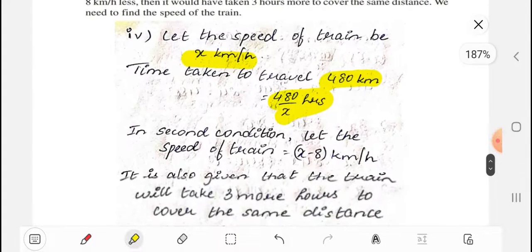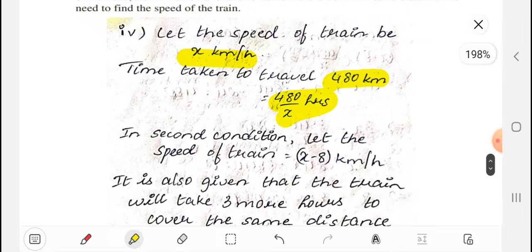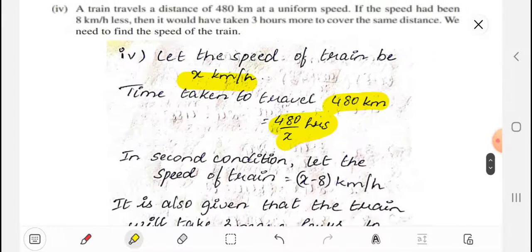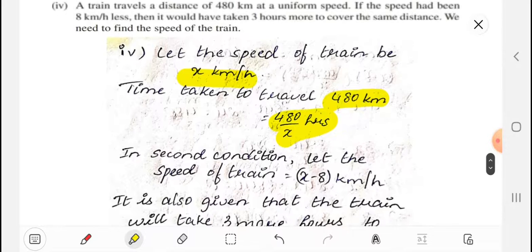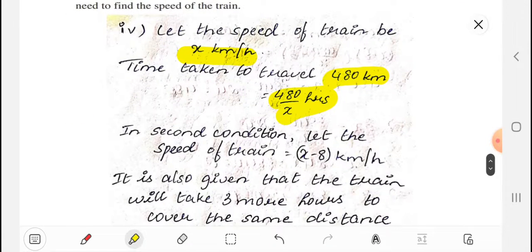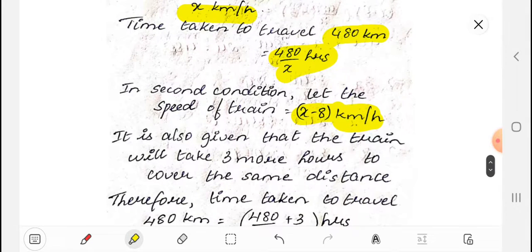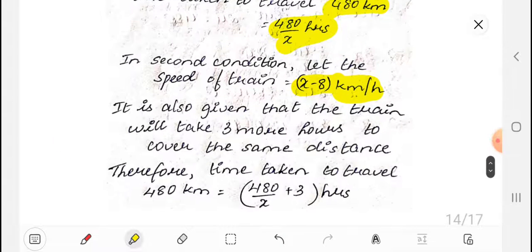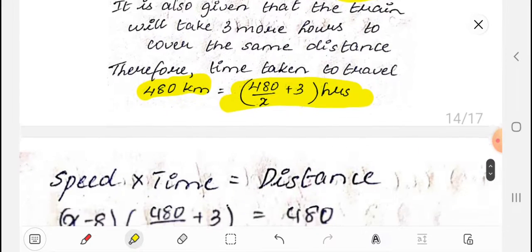The second condition they have given is that if the speed is decreased by 8 kilometers per hour, it will take 3 more hours to cover the same distance. Then 480 kilometers can be covered with this.